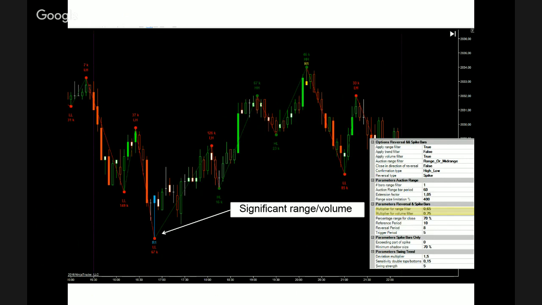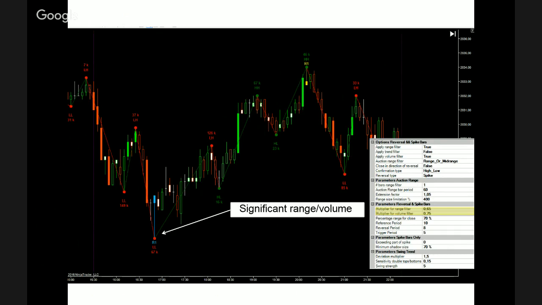So it should be above average for the spike bar, to avoid these noise signals that happen in low volatility and low volume scenarios. You want the volume and the range to be significant, so average or above average.